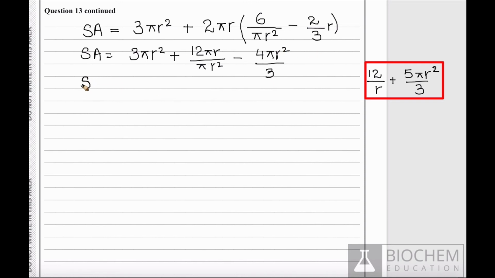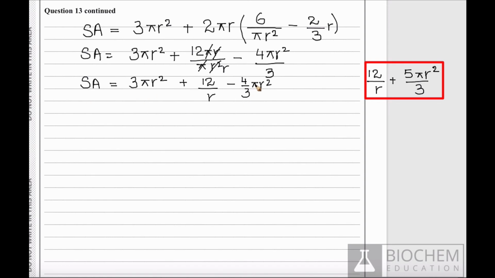We can say the total surface area equals 3 pi r square. Now pi cancels with pi, r cancels with r, so we are left with plus 12 over r minus, now this stays as 4 over 3 pi r square.